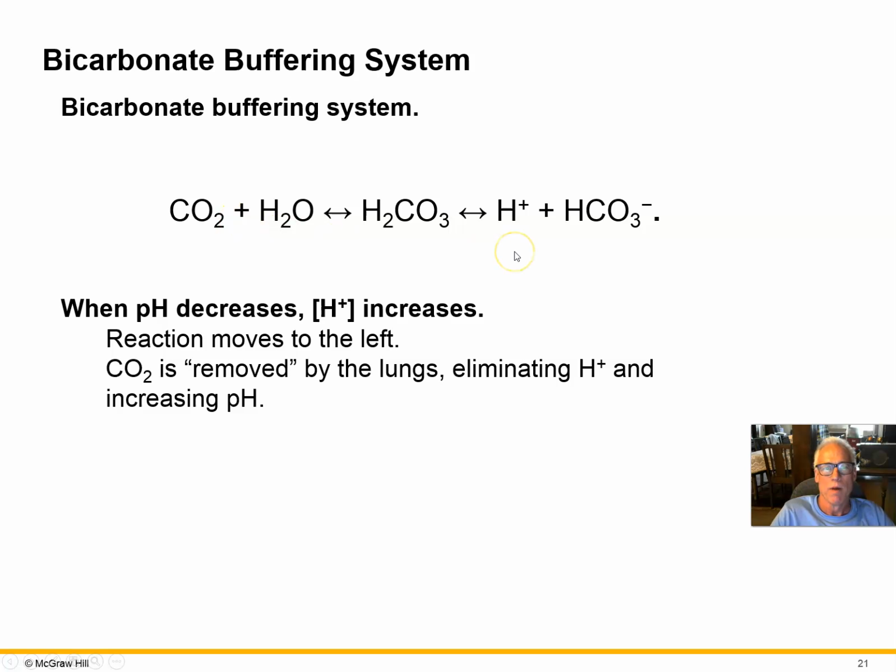So the bicarbonate buffering system, we looked at this when we looked at the respiratory system. Here we have a reversible set of chemical reactions. We have 24 millimolar bicarbonate in the plasma. We throw some lactic acid at it during high intensity exercise, adding more hydrogen ions.